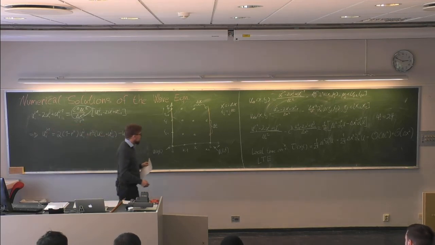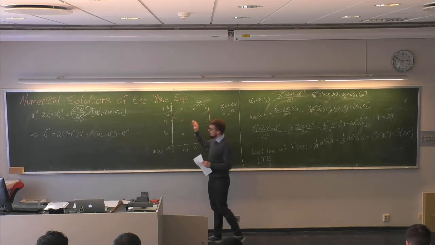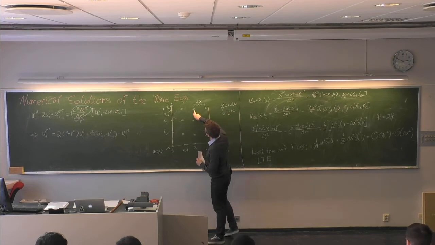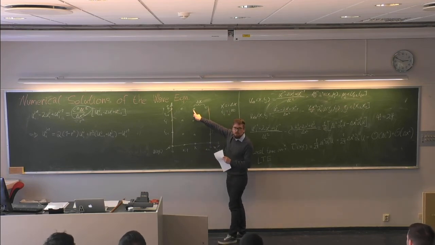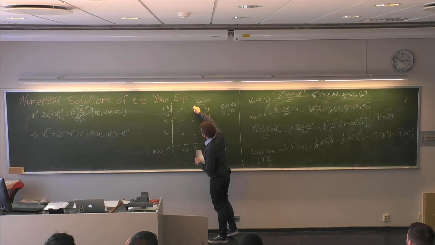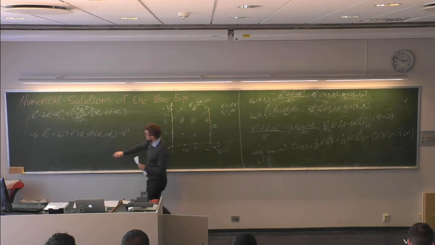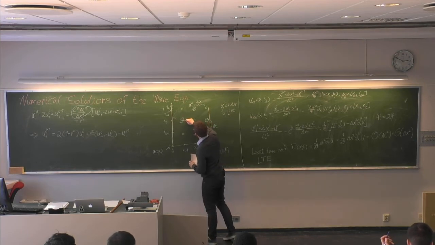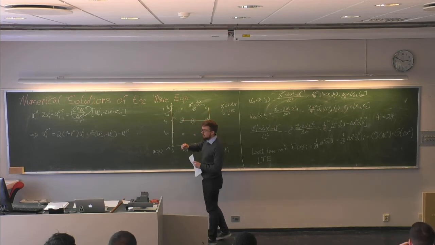And then we can go back to our stencil. I won't weigh all of the points, but just point out which one we are using. If we want to estimate this point up here, this is going to be our u_{i,j+1}. Then we see that we need these three spatial points in order to figure out the derivative there.